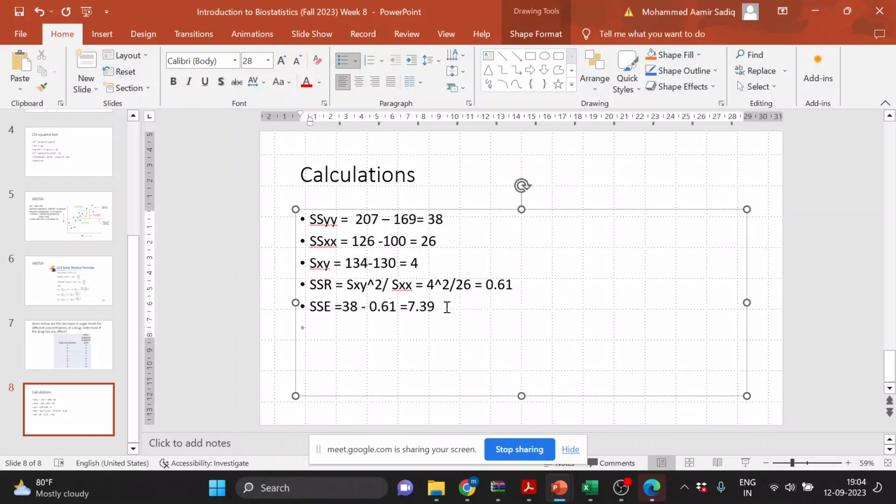And then our variance: how many degrees of freedom do we have?